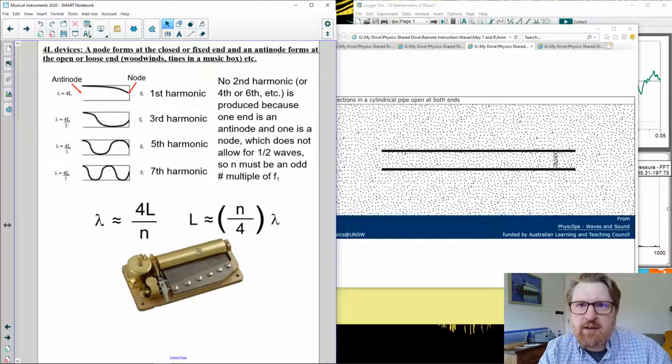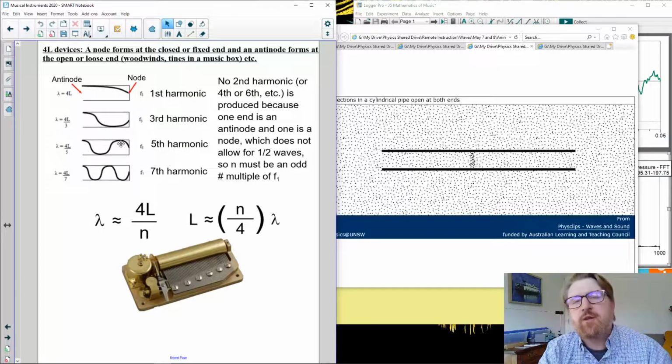And then if you've ever looked inside a music box, there's these little metal tines that pluck these pieces of metal on the comb, and then they vibrate back and forth as a transverse wave. Well, as it turns out, those can't hold halves of waves. They hold a fourth of the wave from node to antinode at any one moment, or 3/4 of a wave, or 5/4 of a wave.